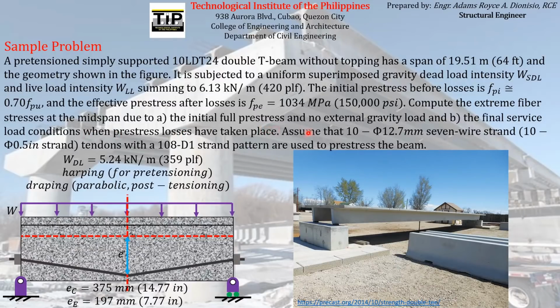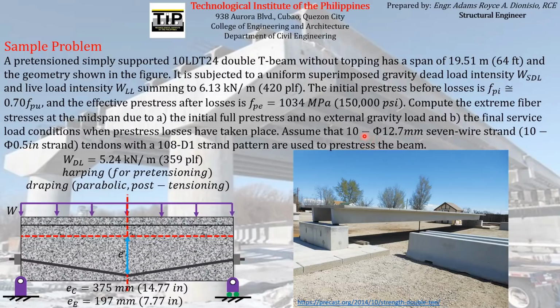And then, according to the question, assume that there is 10 diameter 12.7 mm 7-wire strand. So that is the properties or parameters of the pre-stressing reinforcement.